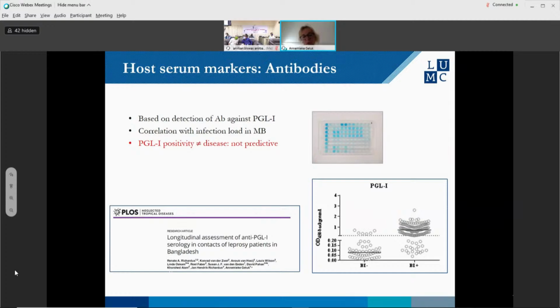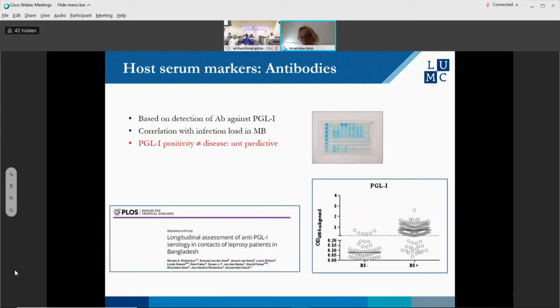And first of all, I want to inform you that there are host serum markers, so biomarkers based on antibodies directed against PGL1, for instance. PGL1 is a component of the cell wall of Mycobacterium leprae that is really very unique for Mycobacterium leprae.